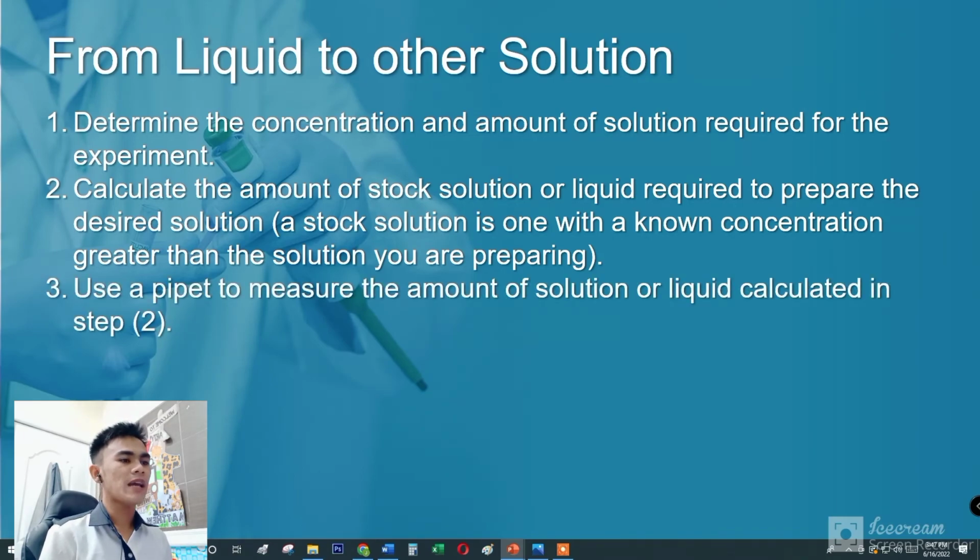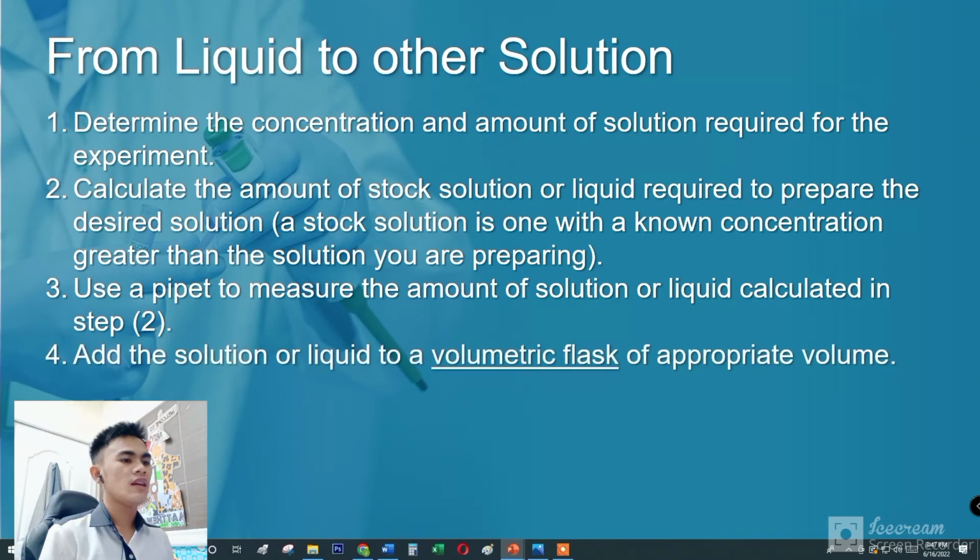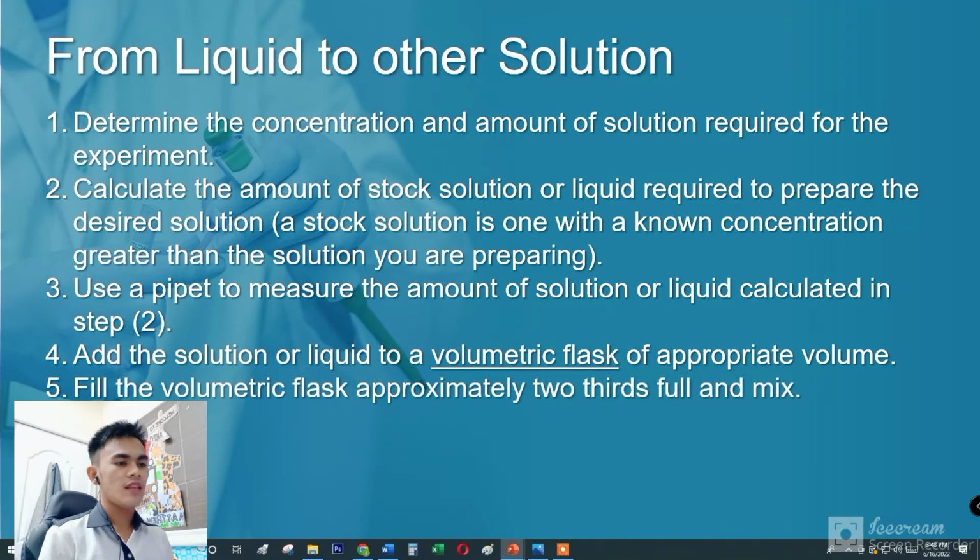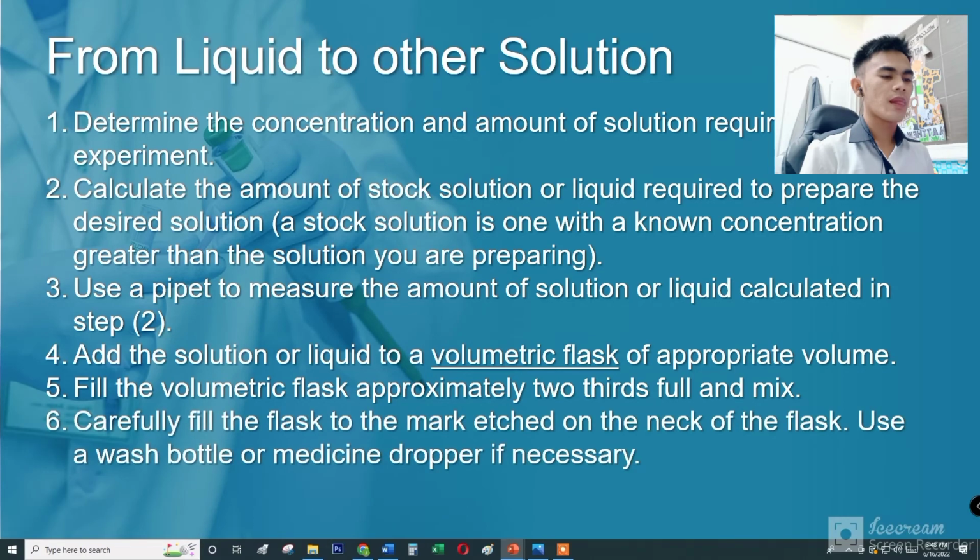Next, use a pipette to measure the amount of solution or liquid calculated in step 2. Next, add the solution or liquid to a volumetric flask of appropriate volume. Then, fill the volumetric flask approximately 2/3 full and mix.